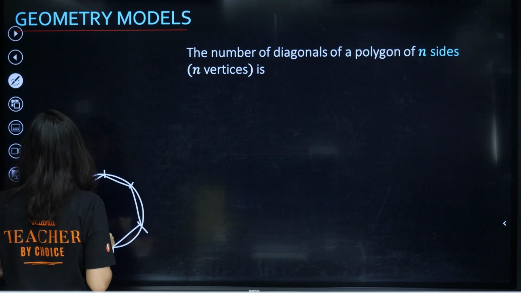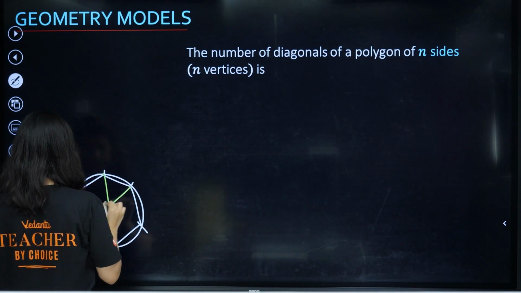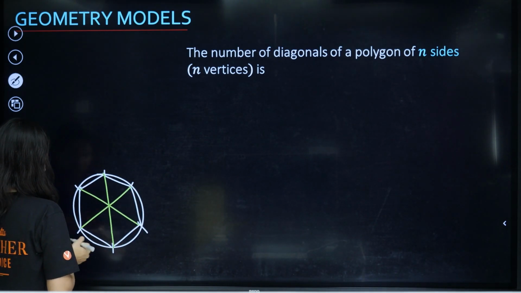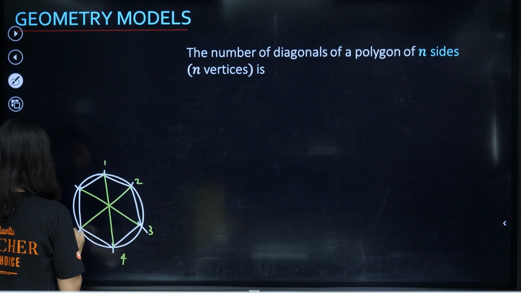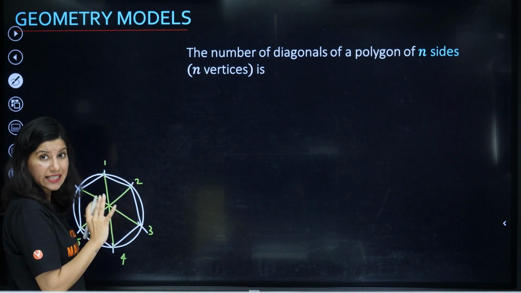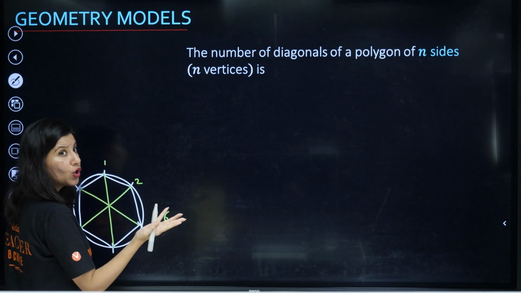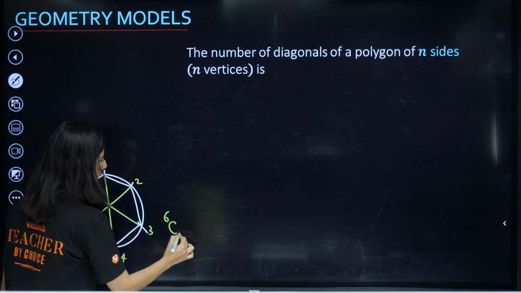Now diagonals. So this will be your diagonal, this will be your diagonal, this will be your diagonal. Basically, using these 6 points, which are, by the way, non-collinear, how many lines can we draw?